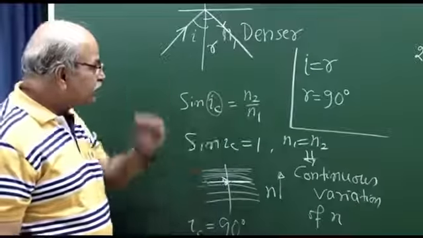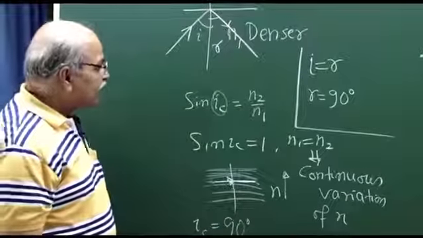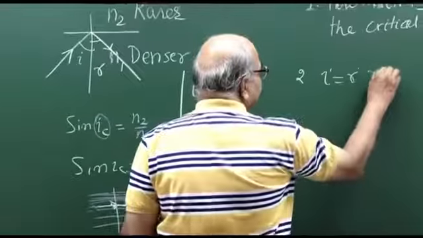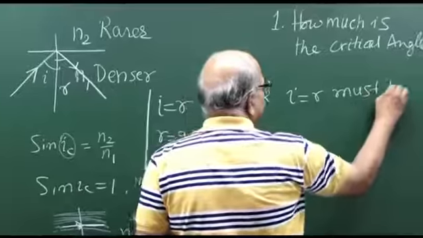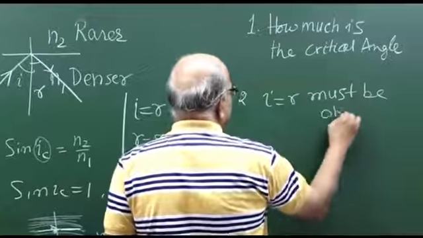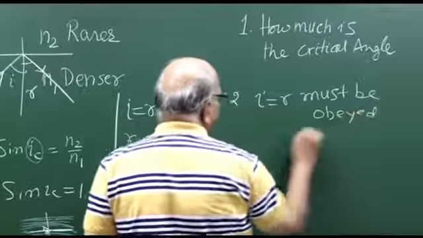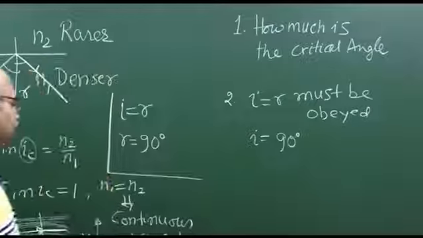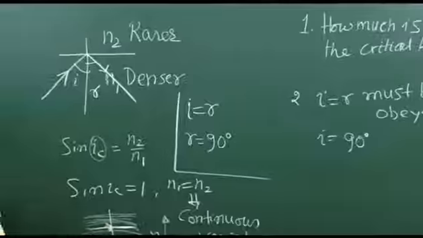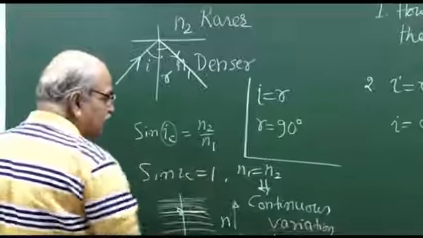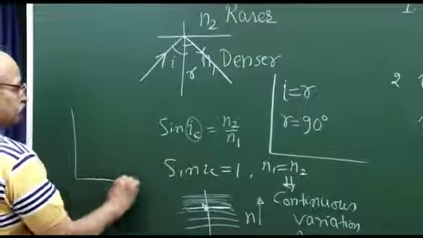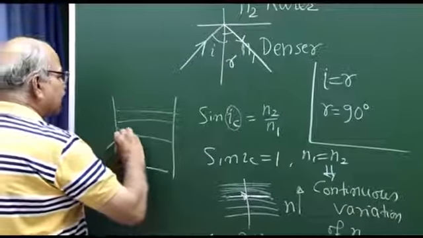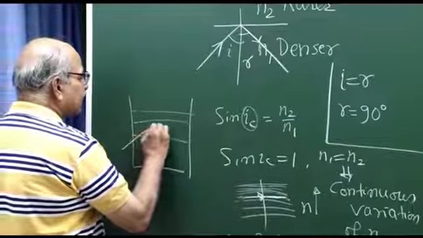So that is the second question, that I equal to R must be obeyed. And if this is obeyed and I is equal to 90 degrees, I am talking of the portion where this light has become horizontal in our bottle. In our bottle we sent a light like this and then it became horizontal and then it turned.